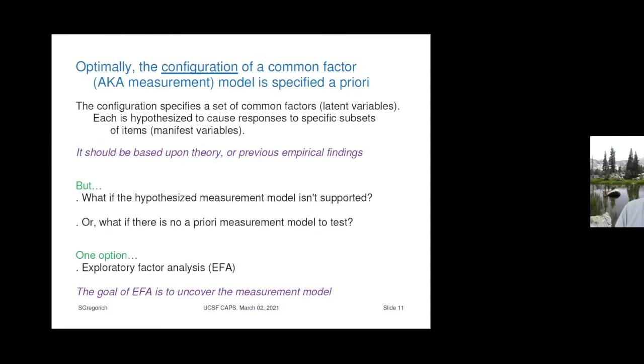But sometimes you may start out that way and your hypothesized measurement model isn't supported, and you're unsure how to modify it. But you're not just going to discard your data. You want to explore it, make the best use of it, and see what you can learn from it. In other cases, there may be occasions where there just truly isn't an a priori measurement model to test from the outset.